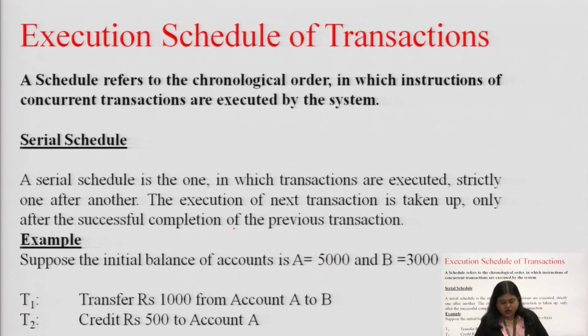Now, let us talk about execution of transactions. When we talk about execution, we know there are two ways of executing transactions. The first way is the serial execution, in which one transaction is executed after the first transaction has completed itself, right.